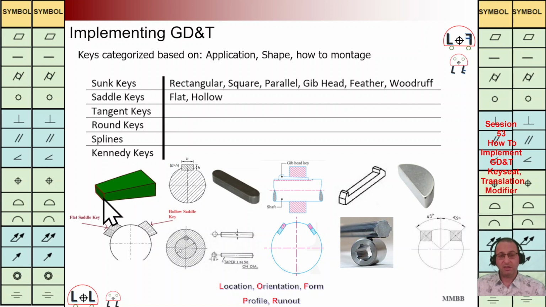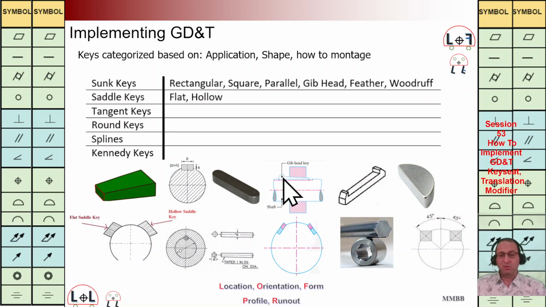Here we can see this rectangular key and we have this slope here, and then if this cross section is square we are going to use, let's say, a square key. If we don't have any angle here, if top and bottom are parallel, we are going to call it a parallel sunk key.